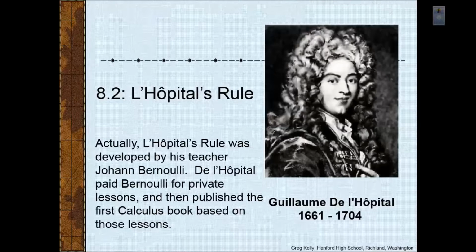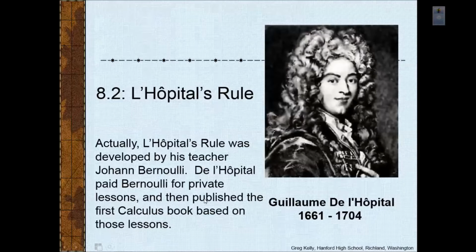Sorry. Actually, L'Hopital's rule was developed by his teacher, Johann Bernoulli, one of the Bernoulli brothers, who was very prolific in math, science, and many other fields. But Bernoulli was L'Hopital's teacher, and L'Hopital paid him for private lessons and then published his book about calculus based on his lessons, and then took credit for L'Hopital's rule.